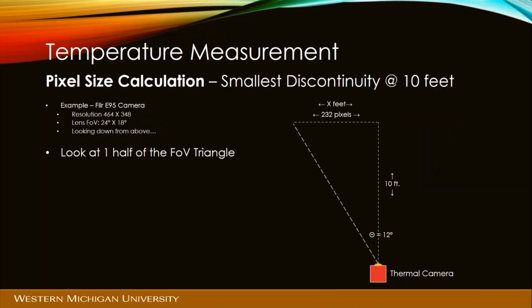I'm hearing mumbles and moans. Trigonometry. Yay. SOHCAHTOA. Sine: opposite over hypotenuse. Cosine: adjacent over hypotenuse. Tangent: opposite over adjacent.